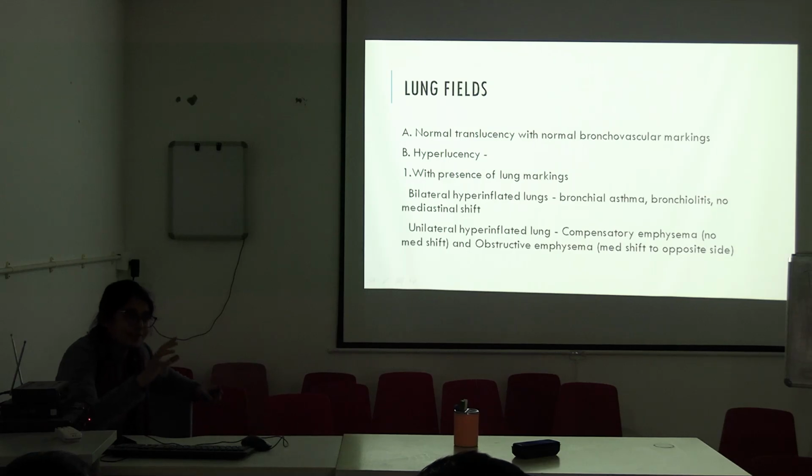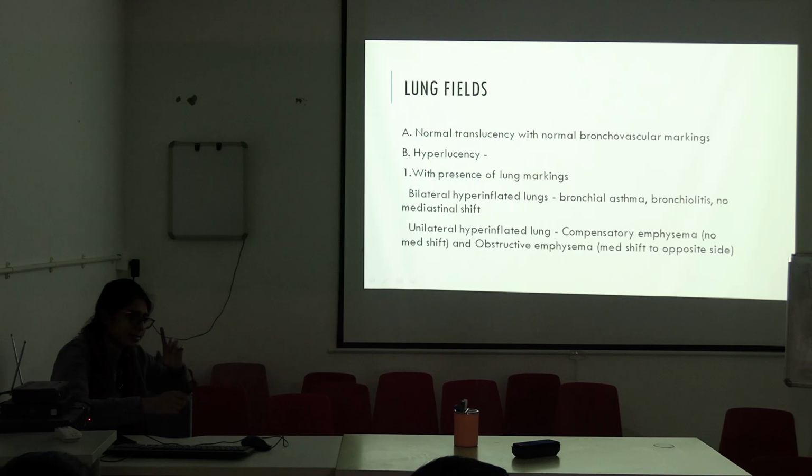If both the lung fields are black, hyperlucent, then it is because of some condition which is causing air trapping in both the lungs. What are those conditions? Bronchial asthma, bronchiolitis. Since both the lungs are big and hyperlucent, there will be no mediastinal shift because it is a bilateral pathology.